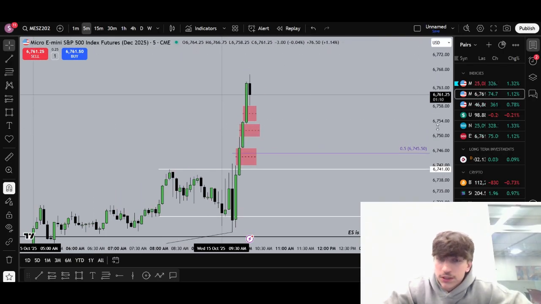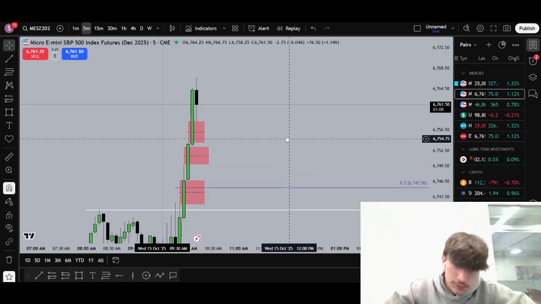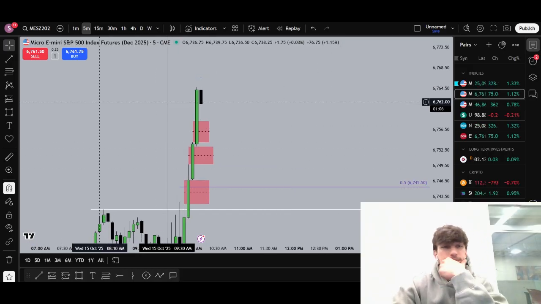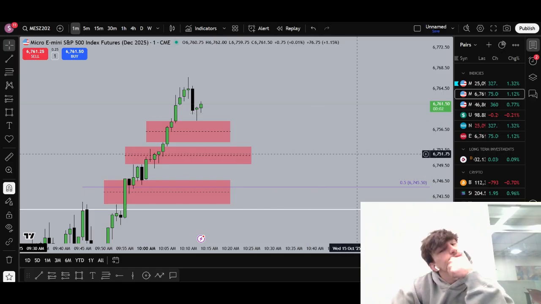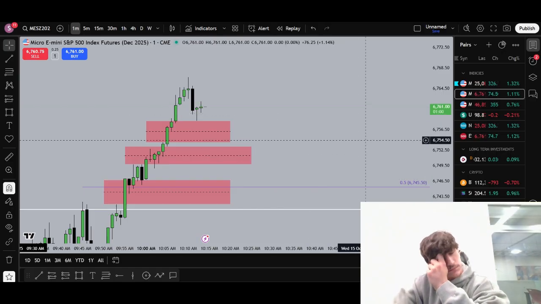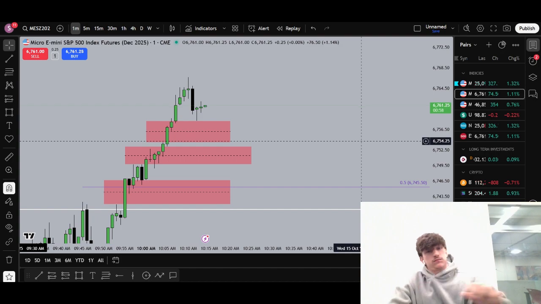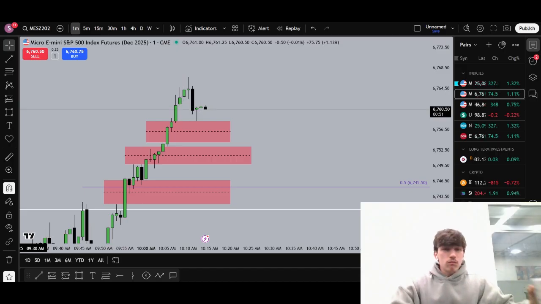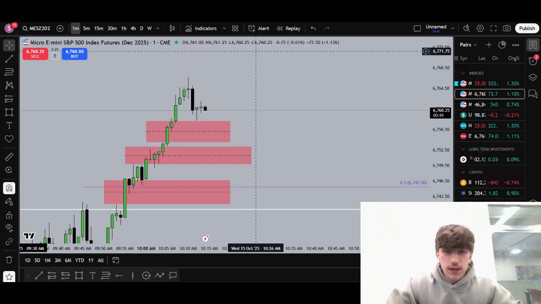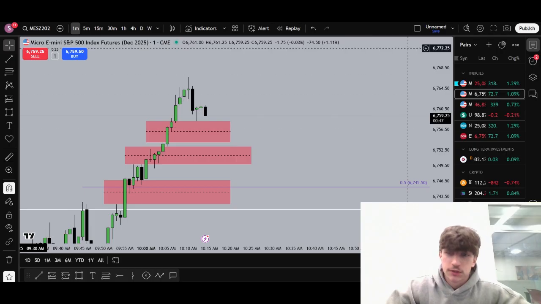And if we close bearish, that'll give us that quick retracement down that we want. There we go. But I low-key don't want it right now.